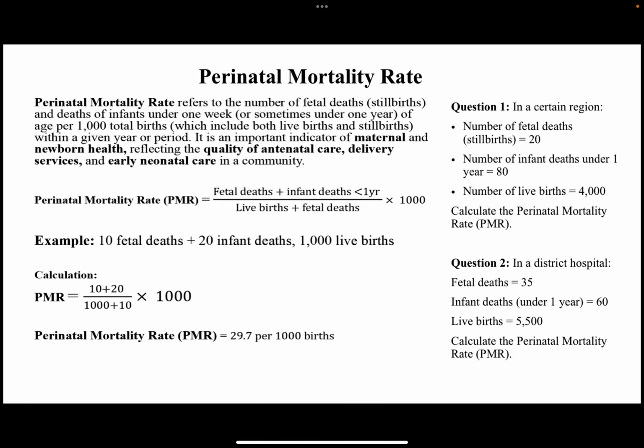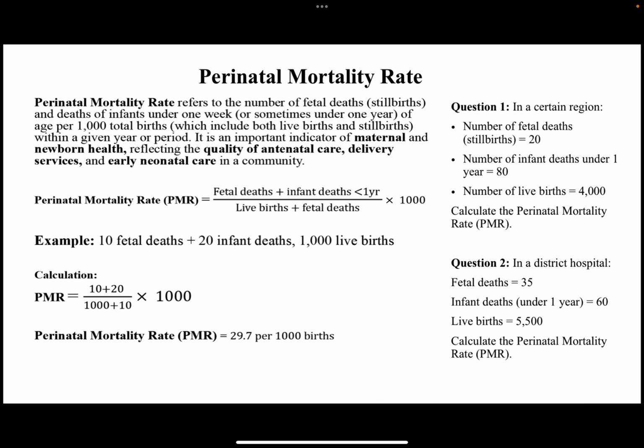Now, let's do an example. We have 10 fetal deaths plus 20 infant deaths, and the live birth is 1,000. Calculate for the perinatal mortality rate. Now, what is the formula? Fetal death. What is the fetal death? 10. Now, fetal death plus infant death. What is the infant death? 20. So, in the numerator, we are going to have 10 plus 20, all over.